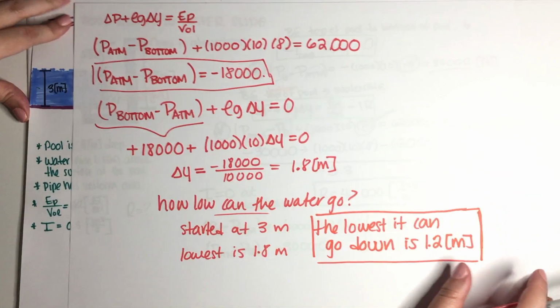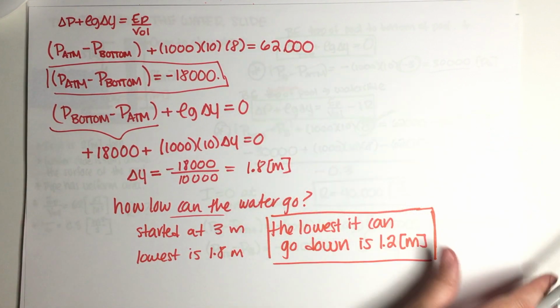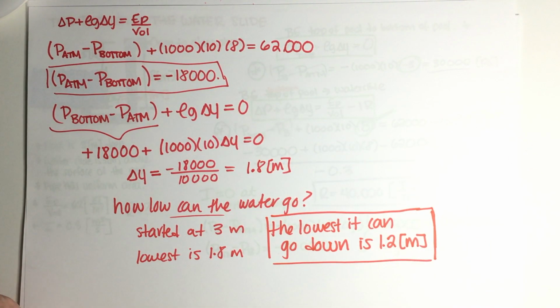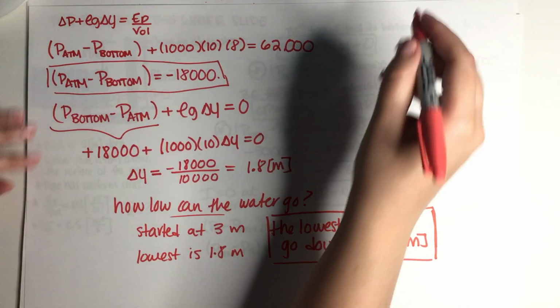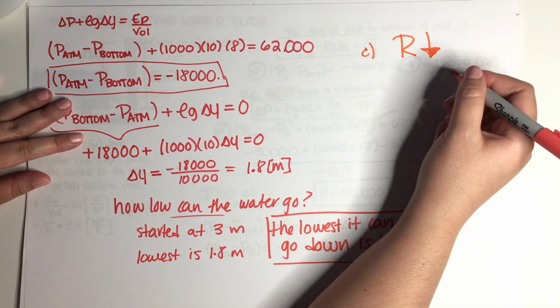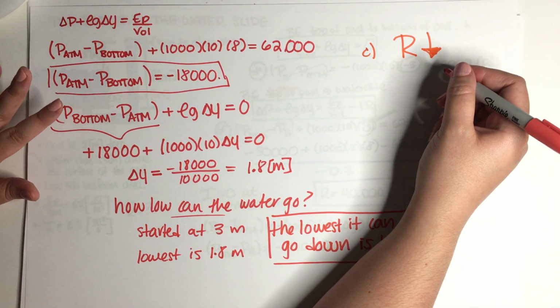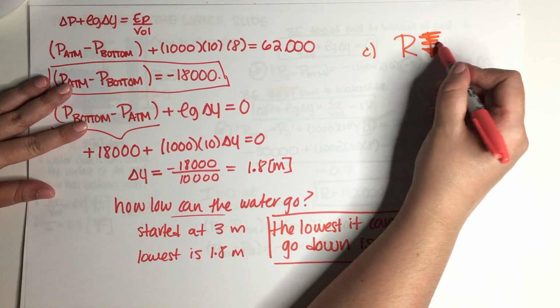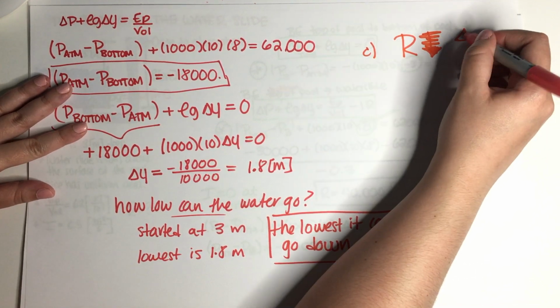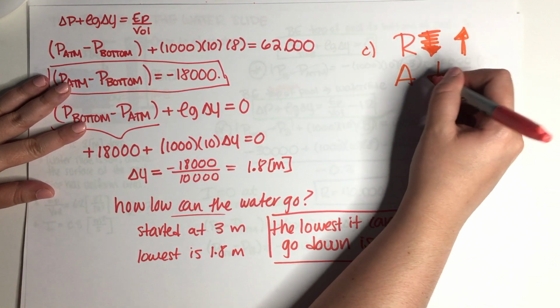And now for part C, we have after long use, the sediment builds up in the pipe, increasing the resistance and decreasing the area of the pipe. Okay, so for part C, the resistance goes up, but the area goes down.